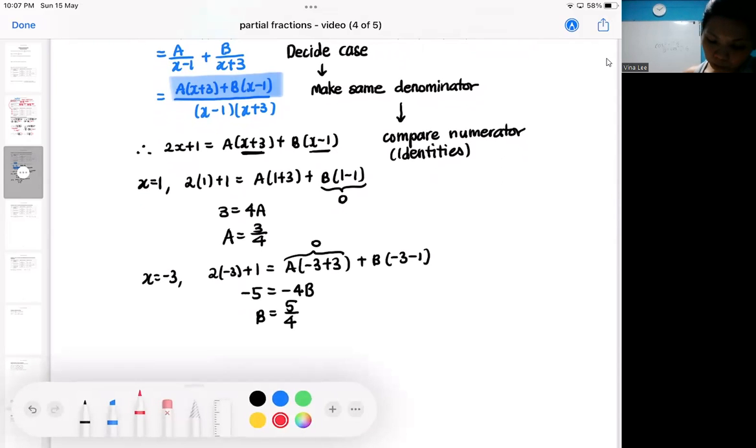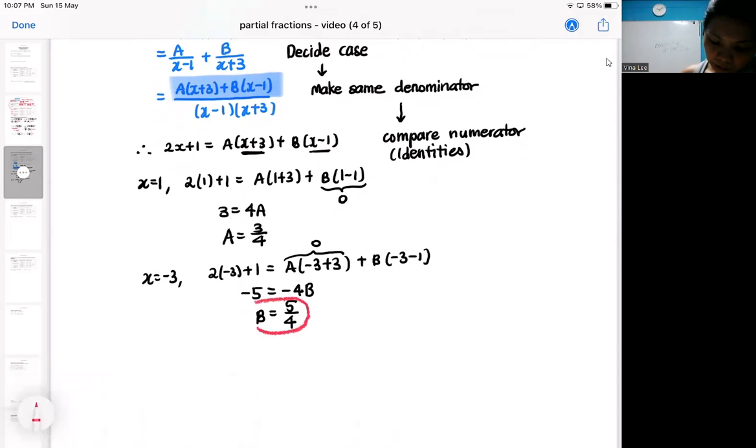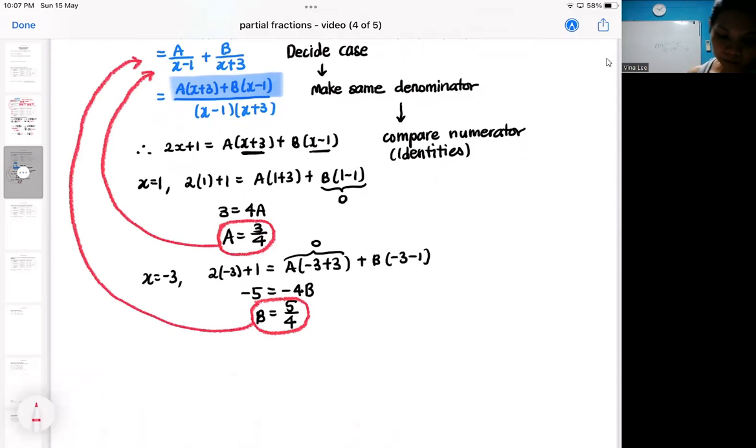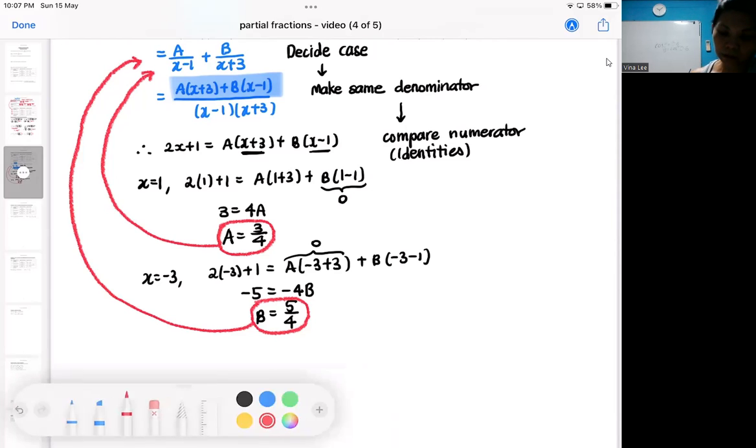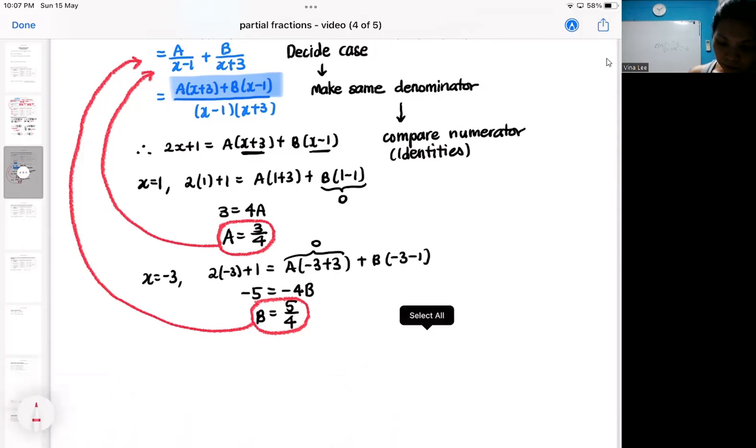So with your two answers, return to the case that you already decided. The final answer will look like this.